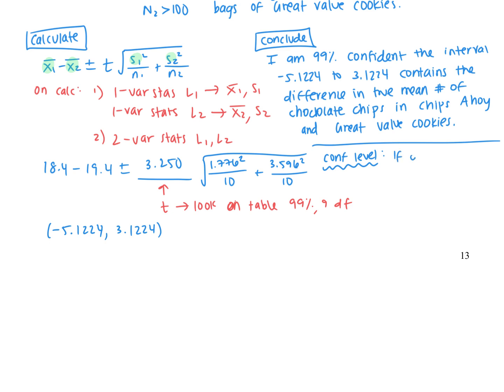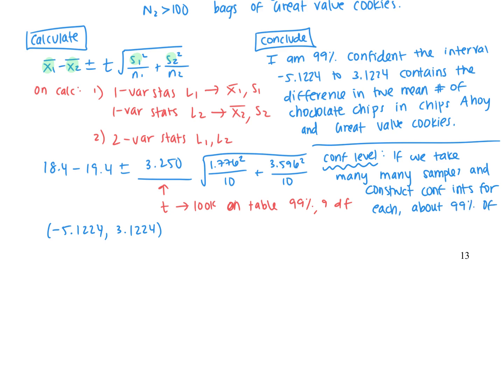And this is the one that goes, if we take many, many samples and construct confidence intervals for each, about 99% of the intervals will contain the difference in true mean number of chocolate chips. And I'm just going to say... you can fill in the rest of the context.